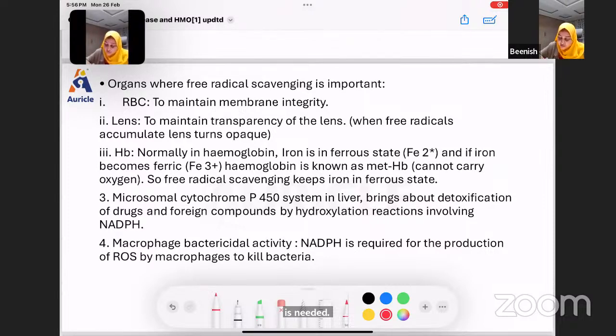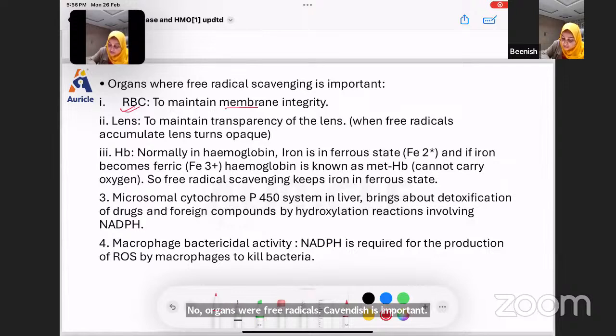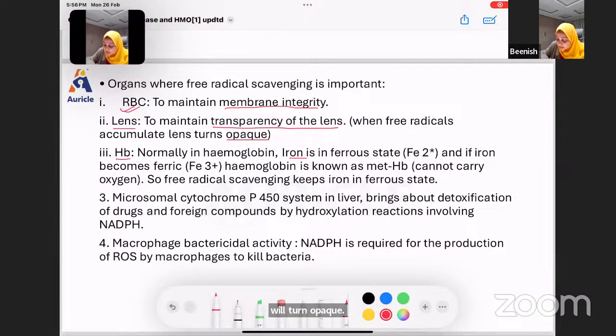Now, organs where free radical scavenging is important: it is important in RBC to maintain the membrane integrity. It is important in lens to maintain the transparency of lens. If free radicals start accumulating, the lens will turn opaque. Now, normally in hemoglobin, iron is in ferrous state, that is Fe2 plus.